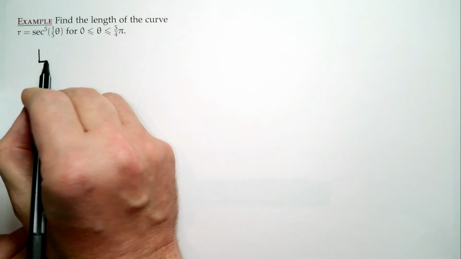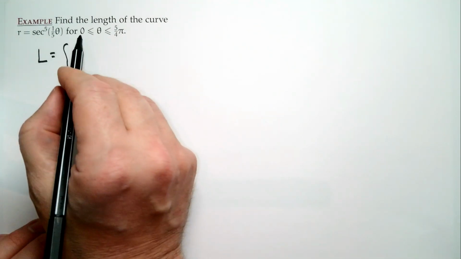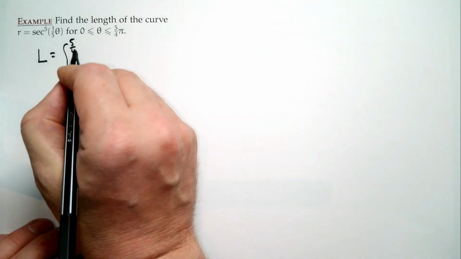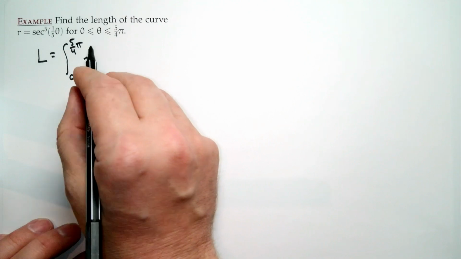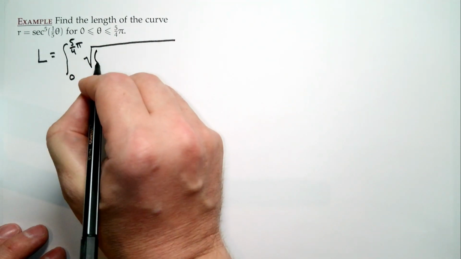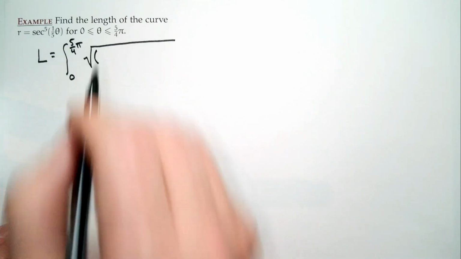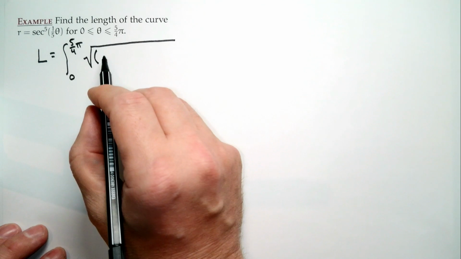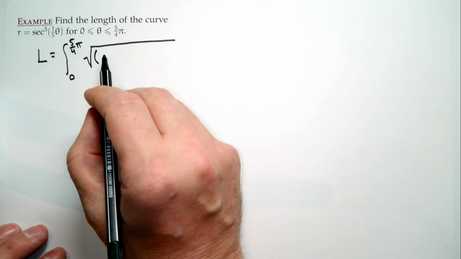All right, so our length, integral from start to stop, 0 to 5/4 pi, the square root of, okay, something. Well, what goes here? F prime theta. All right, f prime theta, which is?